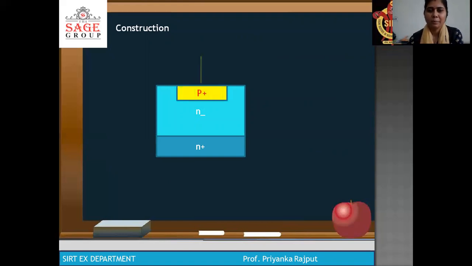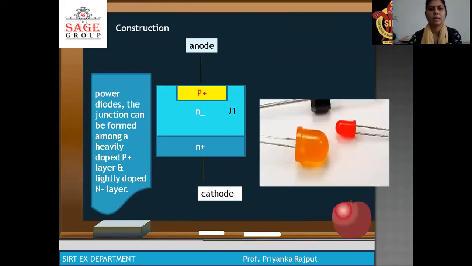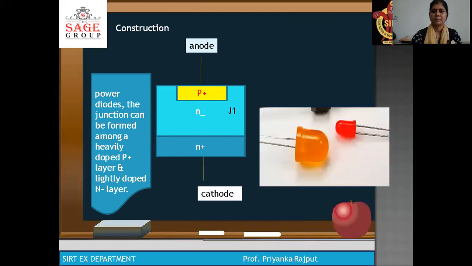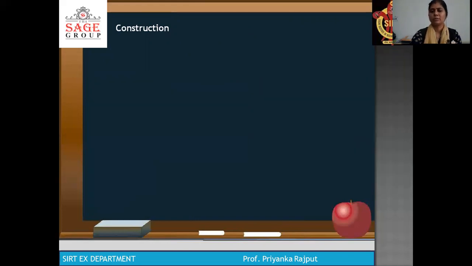The anode is connected with the P plus layer and the cathode is connected with the N plus layer. The junction J1 is made between the P plus and N minus layers. The junction is formed between a heavily doped P plus layer and the lightly doped N minus layer. This is the diagram of the diode.